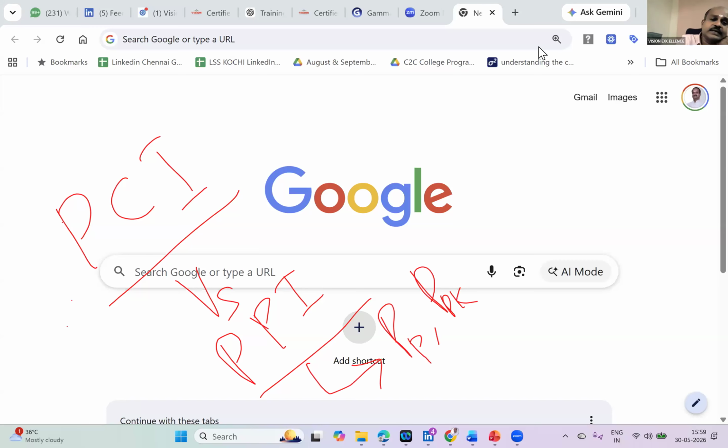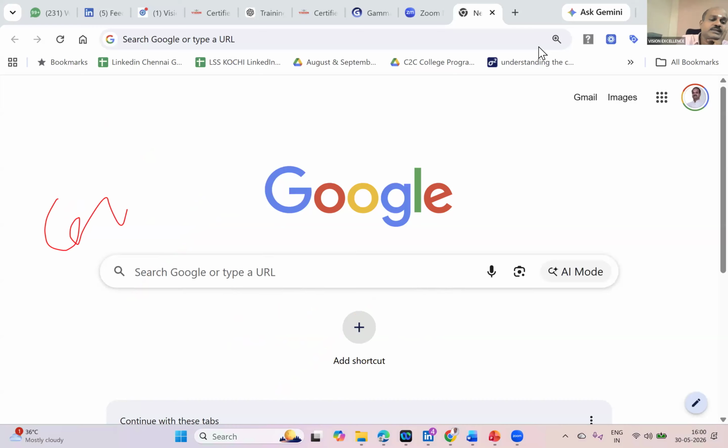Now we need to understand the difference between the two letters C and P, because other things remain common. In the first one we have C, in the second one we have P, which means capability and performance.